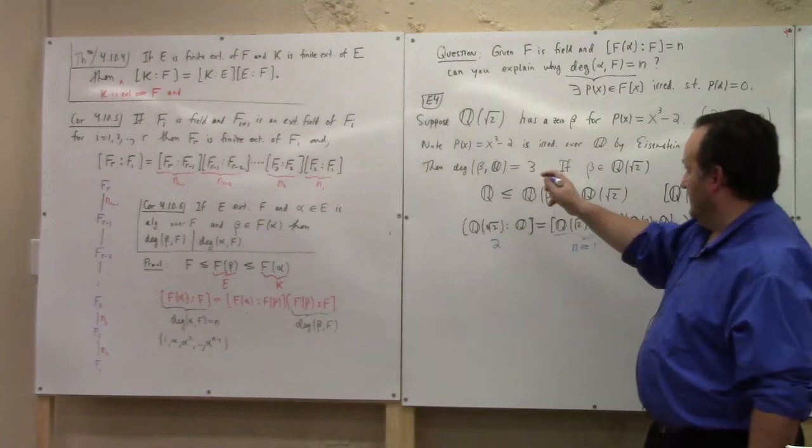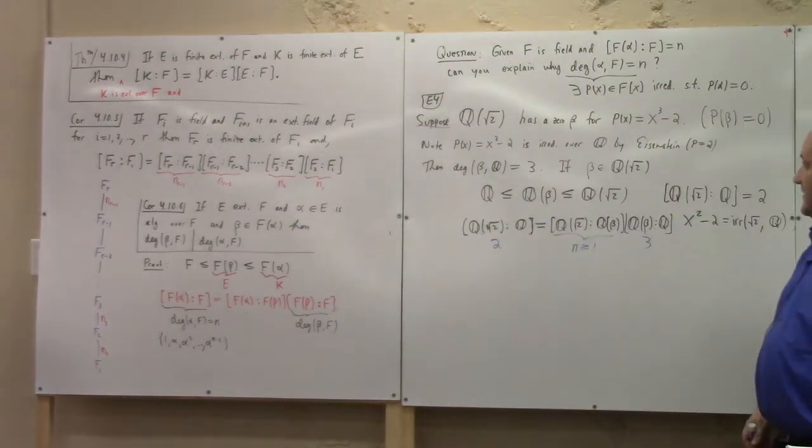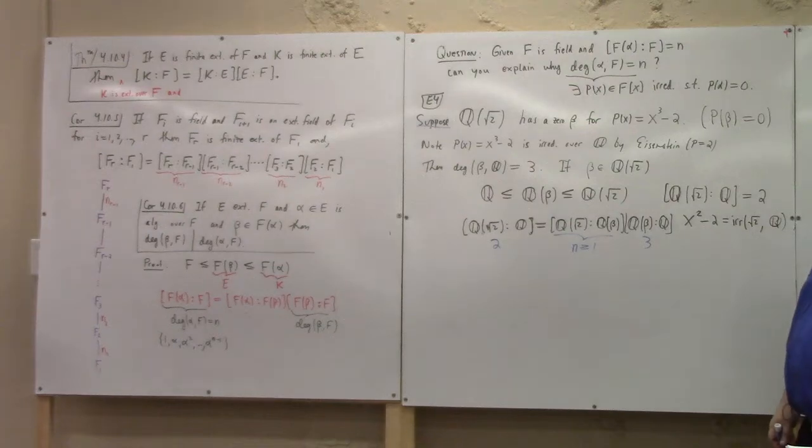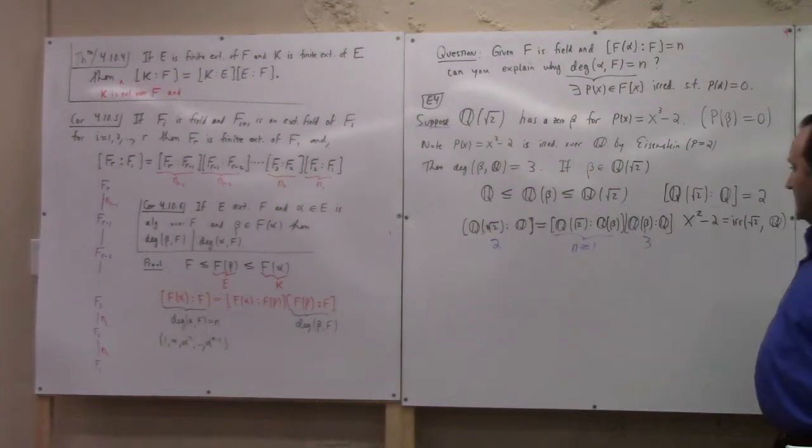So suppose Q adjoin root 2 has a 0. In other words, there is no 0 for x cubed minus 2 in Q adjoin root 2.